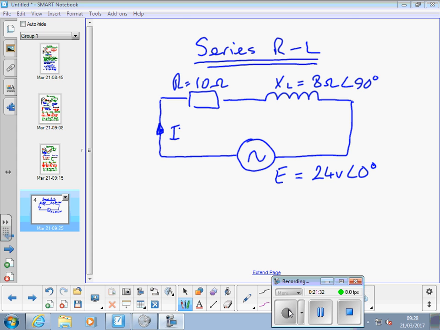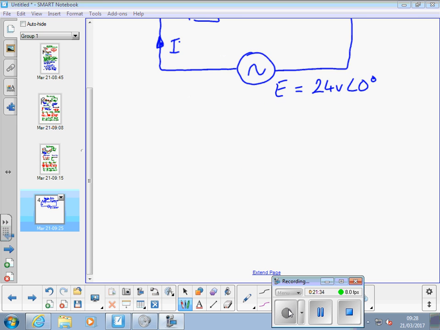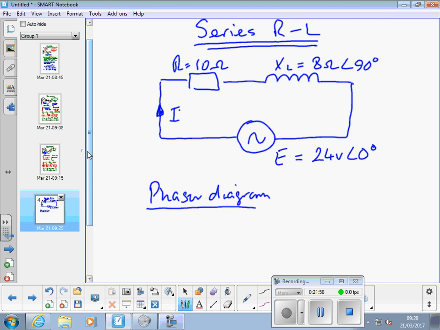Okay. So if we look at the phasor diagram here, and over here the impedance phasor.